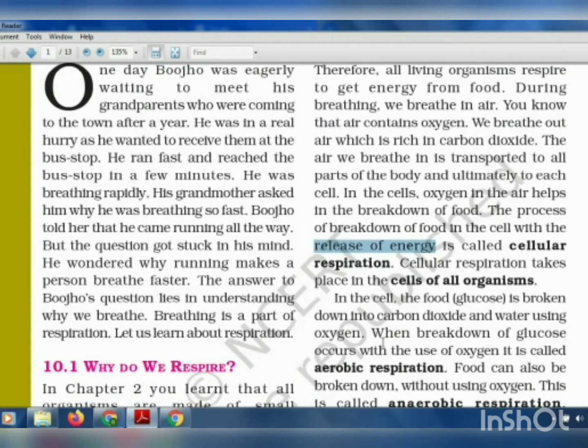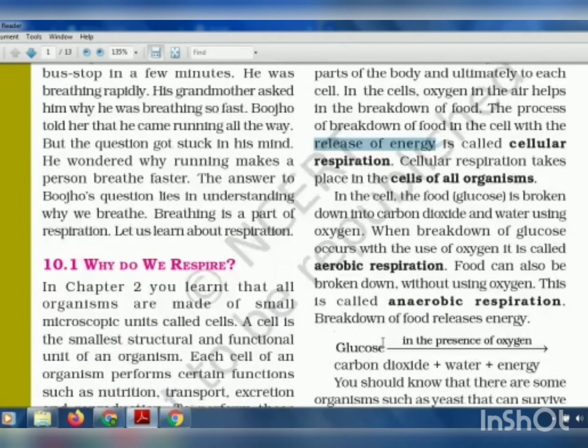Okay, what is cellular respiration? It is the breakdown of food in the cell in which energy is released, and it is done in each and every cell of an organism. Cellular respiration is divided into two parts: one is aerobic and the other is anaerobic.